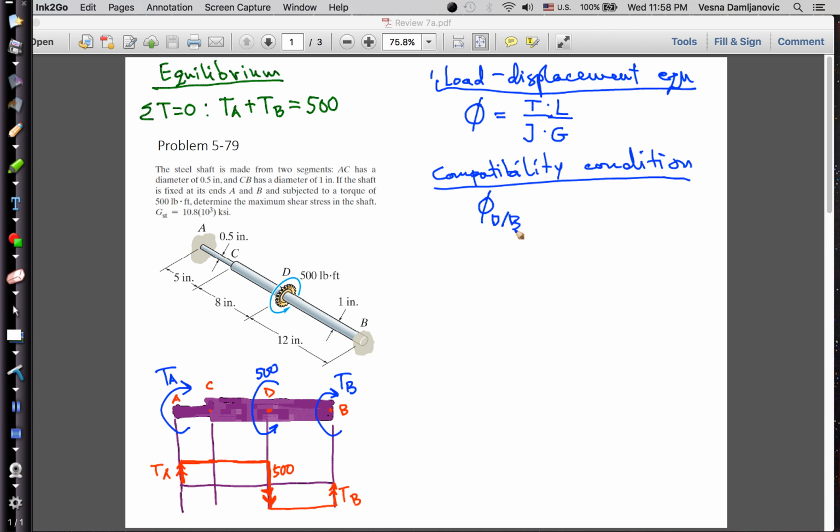So I'm writing first D with respect to B. That's just this section right here, and this is the load, and this is how we find the internal torque that we need for this. And so let's write it out. Internal torque in this case is just TB, times L, which is 12 inches, right? I forgot to say the lengths here. So this is 5, this is 8, and this is 12.